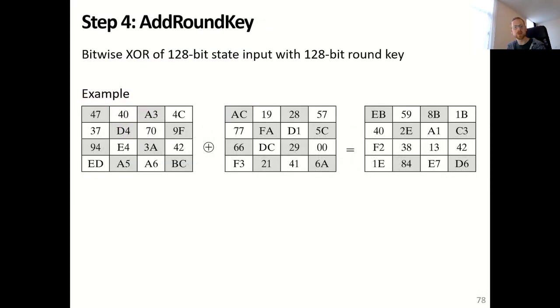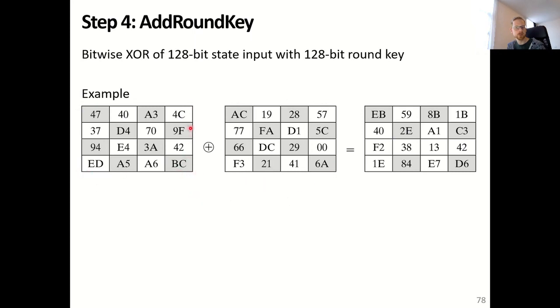The fourth step in a round of AES is the add round key step. This step is very straightforward. It basically takes the bitwise exclusive OR of our 16-byte input state with our 16-byte round key.